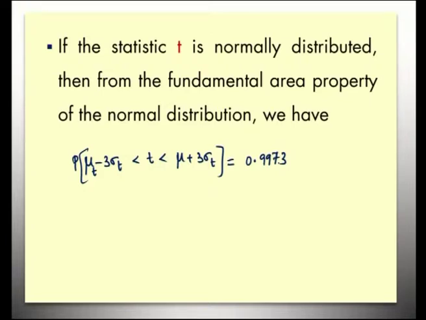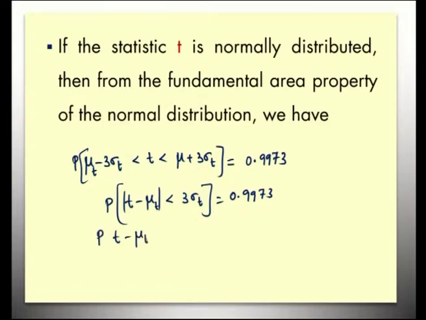Or we equivalently say that P(|t minus mu_t| < 3 sigma_t) is equal to 0.9973. Then its complement, P(|t minus mu_t| > 3 sigma_t), is 1 minus 0.9973, which is equal to 0.0027.